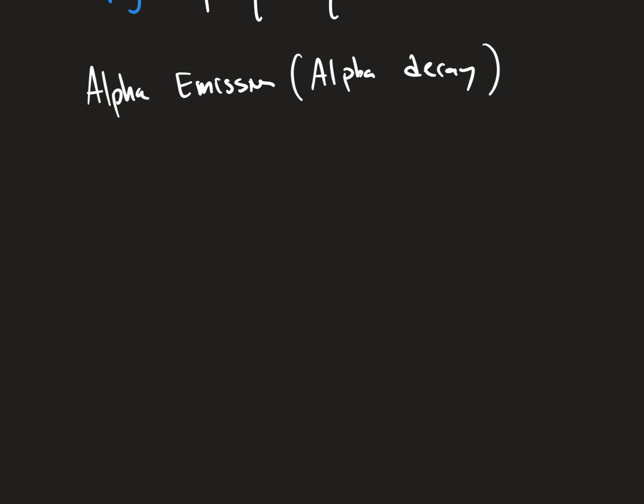What does decay mean? Breaking down, right? Emission, what does emission mean? It's coming off, right? And it's actually being shot out of the nucleus of an atom. And when alpha emission occurs, an alpha particle is being emitted out of the nucleus.